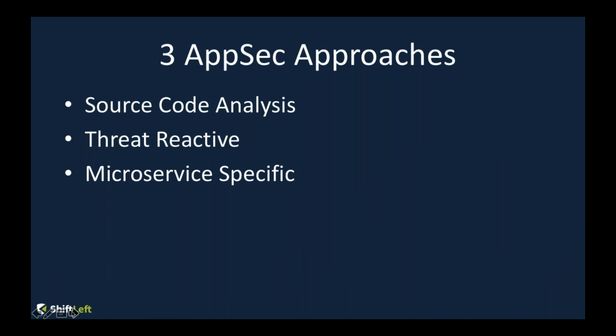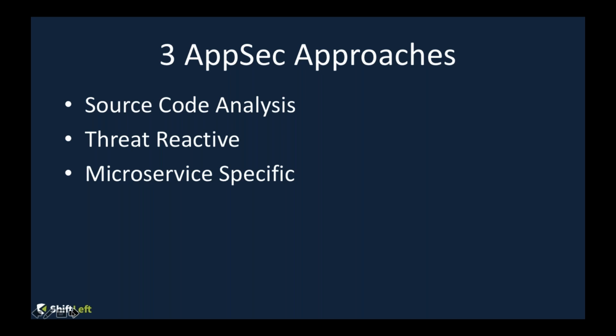So what are the approaches that we can consider for meeting these requirements? The first approach is source code analysis, which has been there for a long time. And we look at how source code analysis compares across all these requirements. The second is the threat reactive approach, which is essentially a WAF, or web application firewall, or a runtime application self-protection solution.